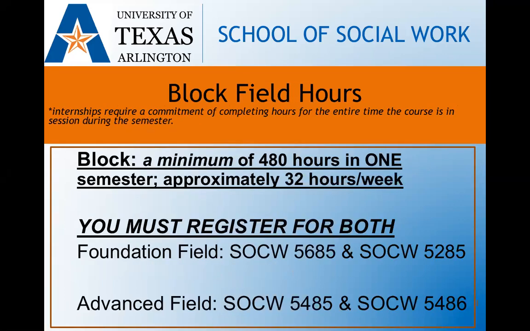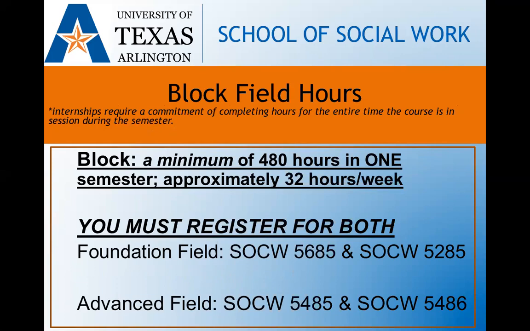If you choose to do a block placement, you would enroll in all 480 hours in one semester. This is not the most common way to do a field placement simply because it is a very large demand on your time. If you choose to do a block placement, that means you're giving about 32 hours a week in your placement.